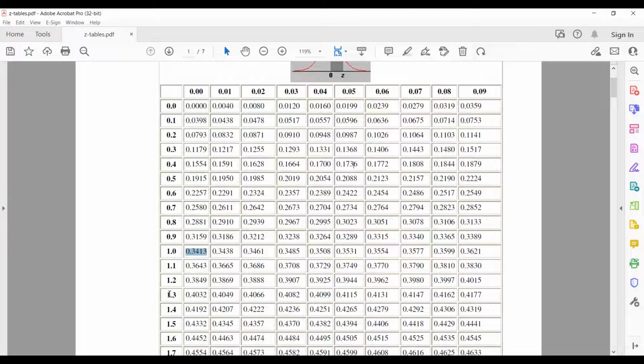That's the area we need to subtract from 0.5 in order to find the area between 1 and positive infinity. So now we found the area. It's 0.3413. Let's go back to the whiteboard and complete the calculation.